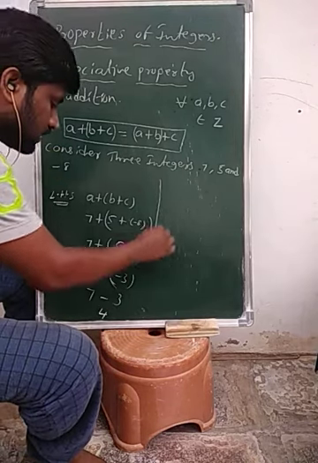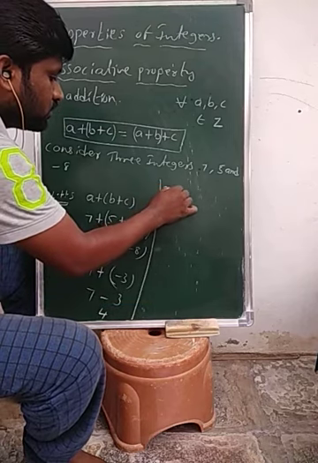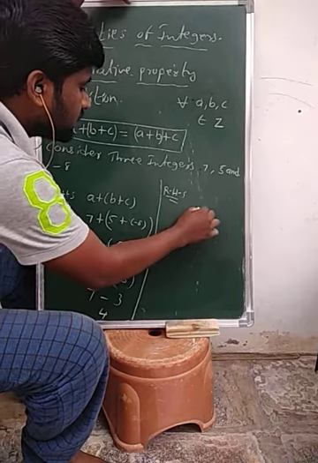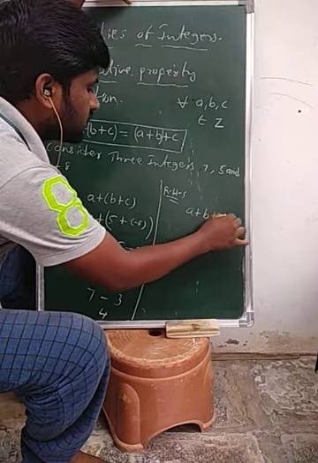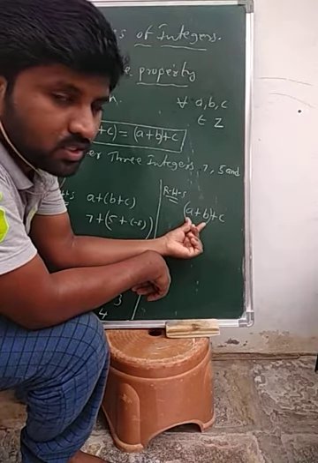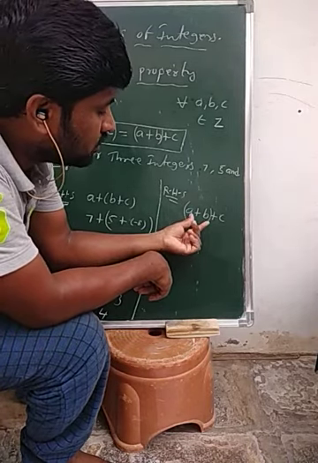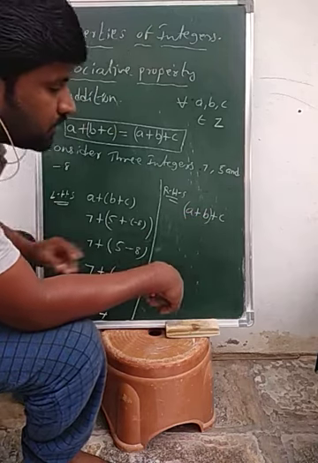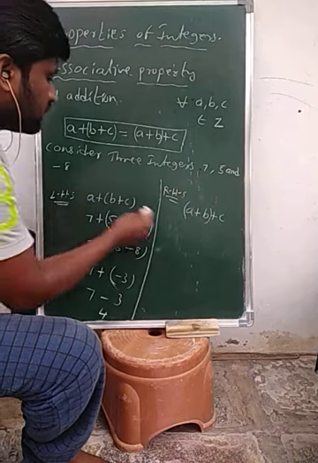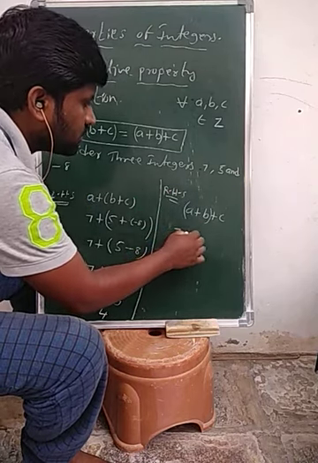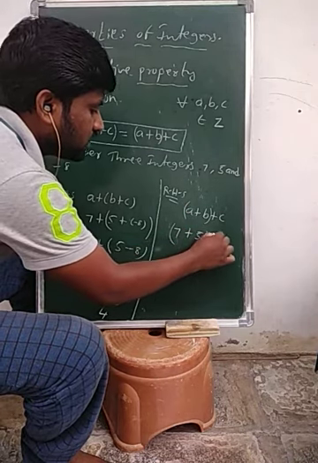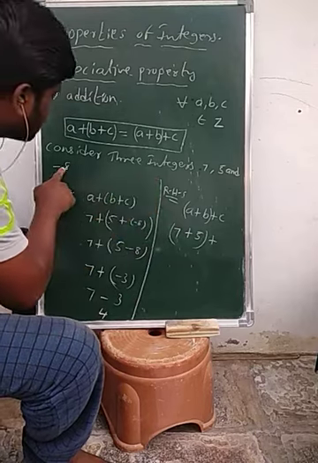Now take the RHS part. What is the right hand side part? (a plus b) plus c. This time we first add the first and second integer, then after that add the third integer. Again you substitute the values of a, b and c. I am taking here (7 plus 5), close the bracket, plus c means -8.